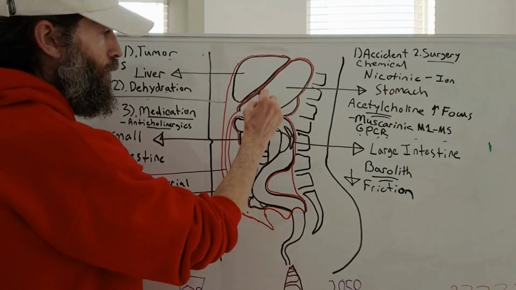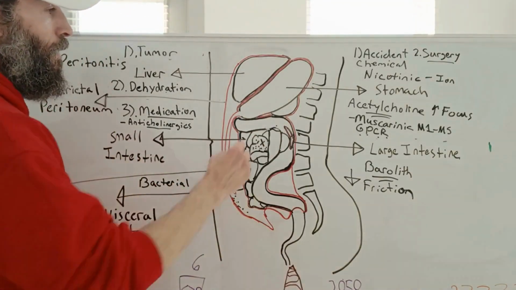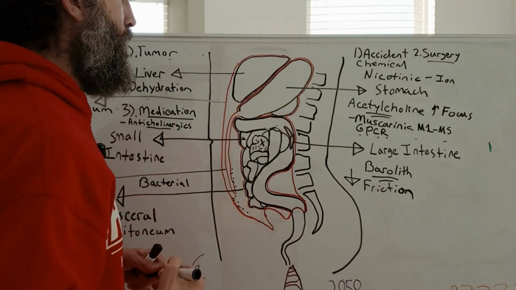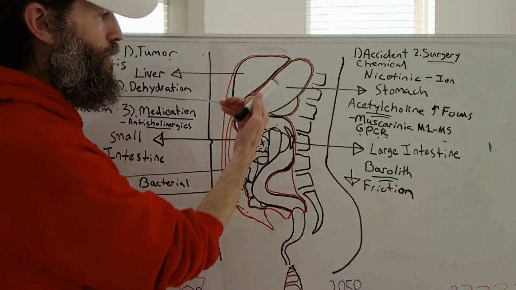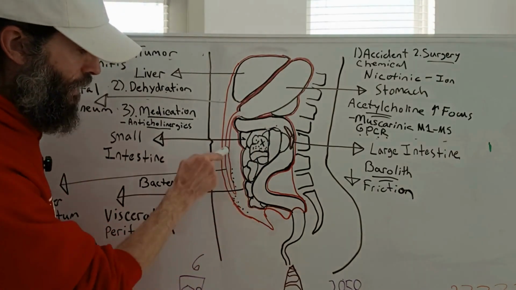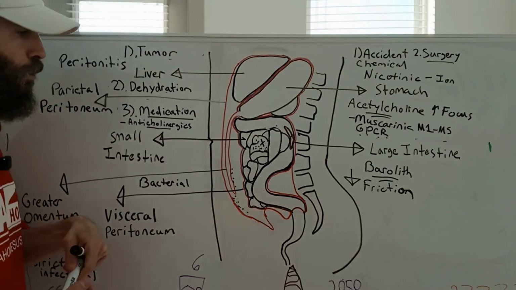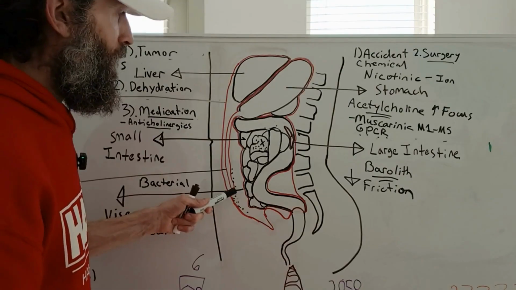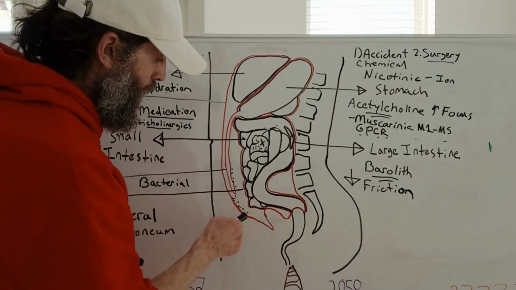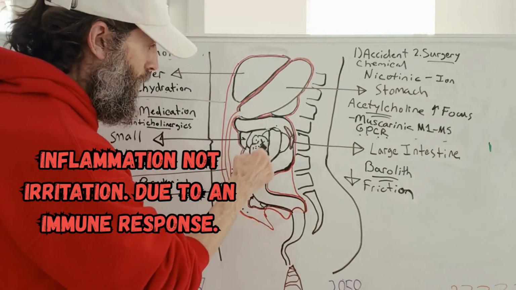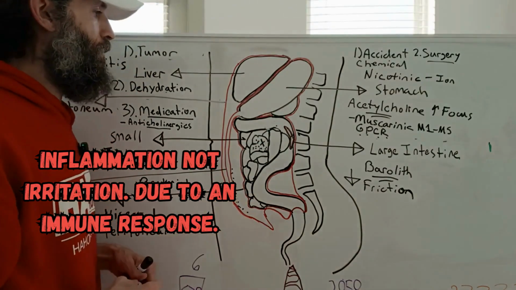Chemical peritonitis can also occur if somebody has an ulcer. A hole forms in the stomach due to the gastric juices. The gastric juices get out and irritate the peritoneum, so they can get chemical peritonitis from that as well. Again, it's causing irritation and inflammation there in the small intestines.